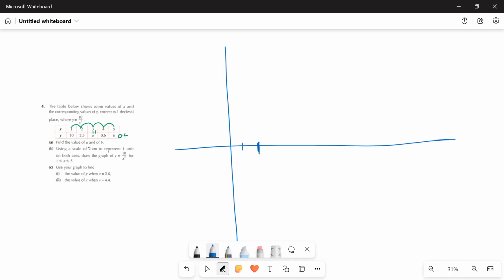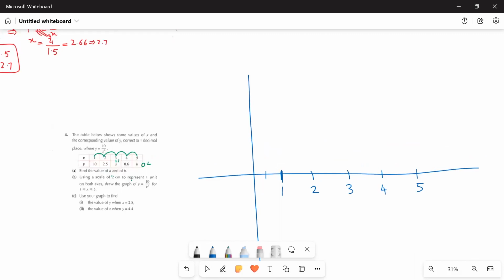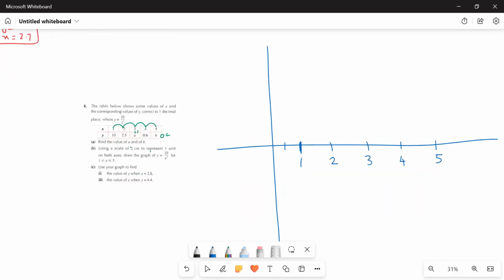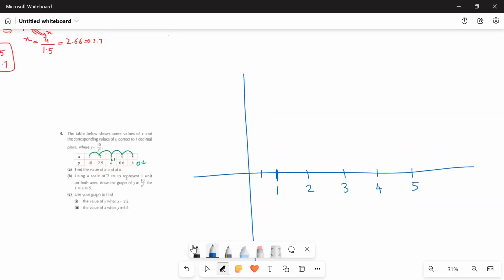I am taking this difference. So 1, 2, 3, and 5. And similarly, for y, our maximum value is 10 and the minimum value is 0.4.